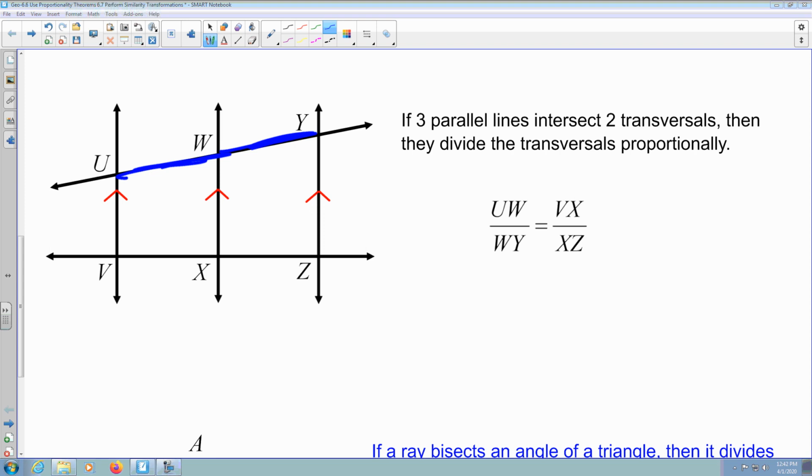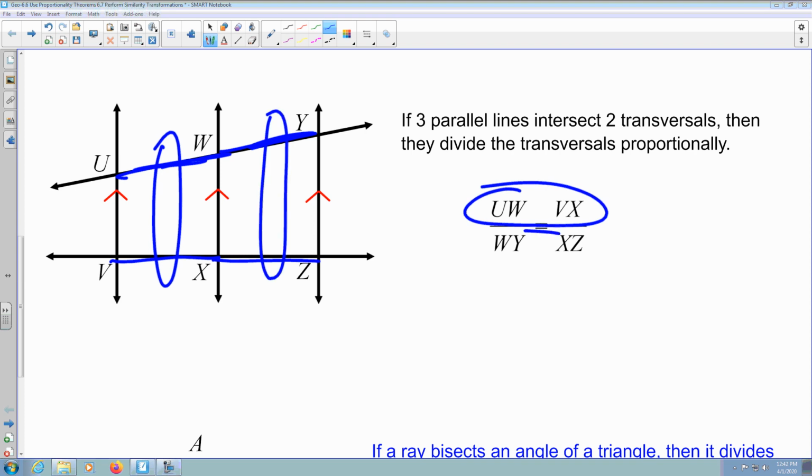So it's being intersected by those three parallel lines, is going to be proportional to VX over XY. So if you look here, like these two line segments are right there, so that's how it's kind of set up as a proportion.